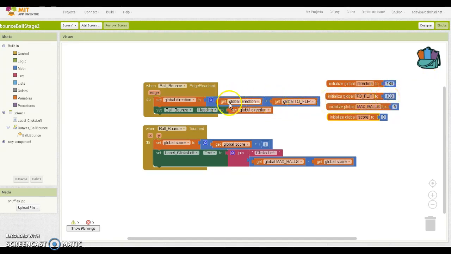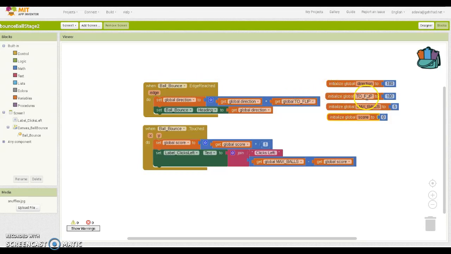This allows the ball to go back and forth. I'm going this way, now I'm going to turn around and go this way, and I'm going back and forth. So global direction is changing, which makes it not a fixed value, but in fact a most recent value, because it's going to be whatever the most recent setting of global direction we have gotten when the ball is reaching the edge.